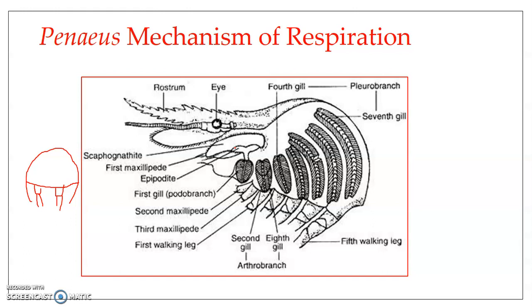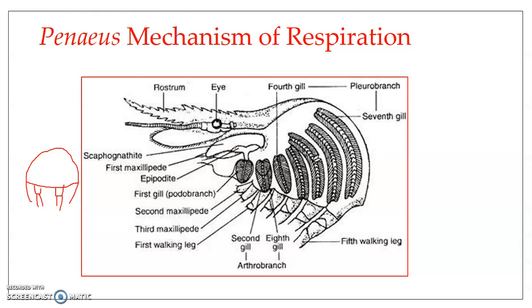So how is this water current maintained? It is maintained with the help of the movement of the scaphognathite present on the second maxilla. But water may contain certain foreign particles, certain substances that are to be avoided from entering the branchial chamber, and this preventing of unwanted particles is brought about with the help of setose hairs that are present at the entrance of the branchial chamber.